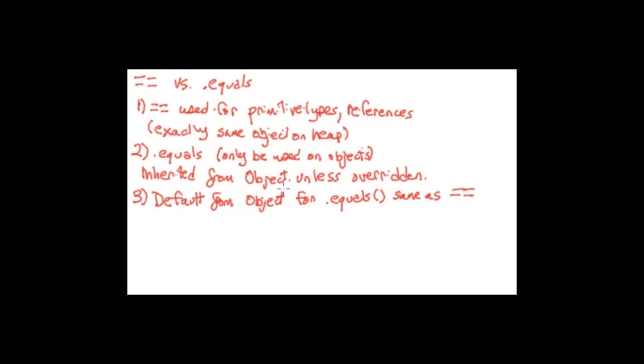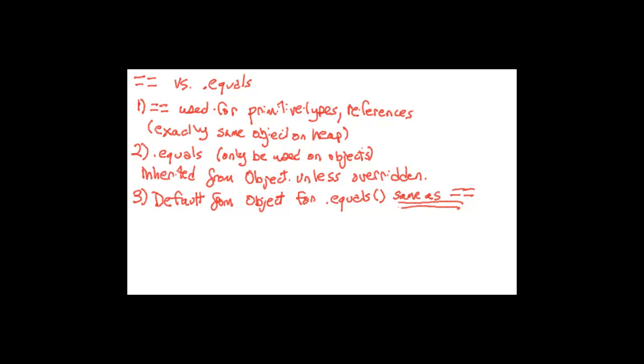That's the important point to remember. If you do not override .equals in your own classes that you create, the behavior will be the same as ==. Let's underline that twice because that's really important to remember.